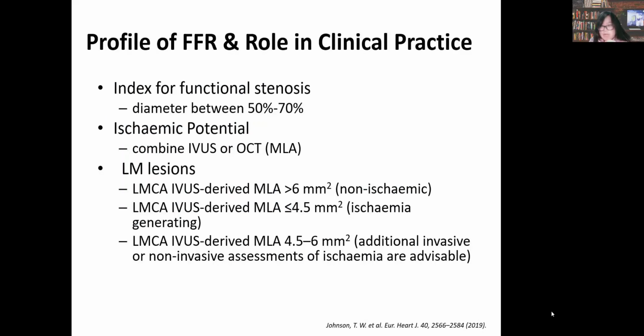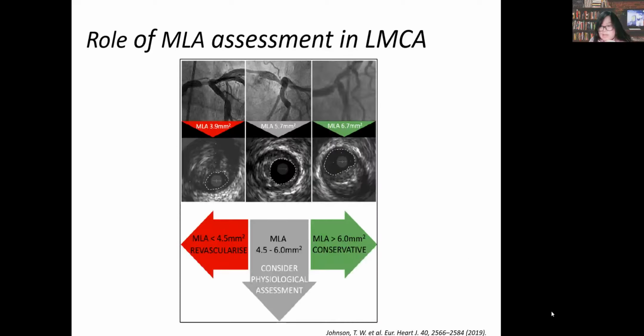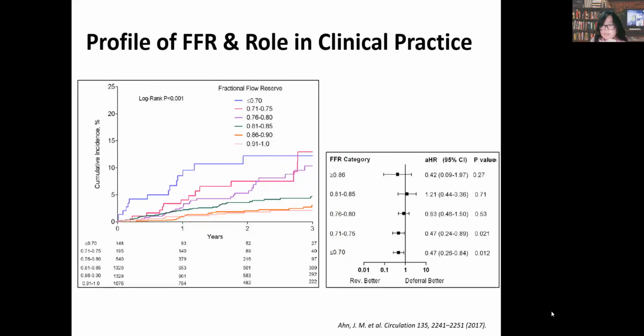For left main coronary artery lesions, we usually combine IVUS or OCT to measure the minimal lumen area. Then we proceed, if necessary, to physiological function assessment. The evidence demonstrated that an FFR of less than 0.75 was associated with excellent prognosis compared with deferred PCI.